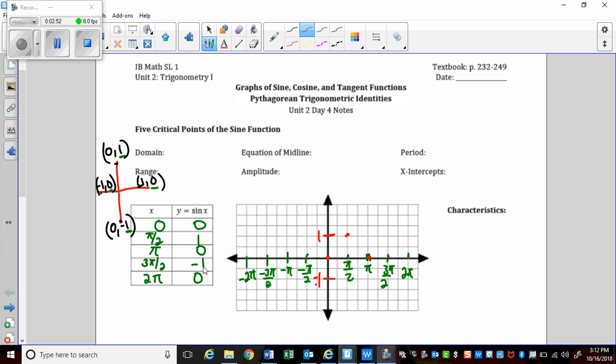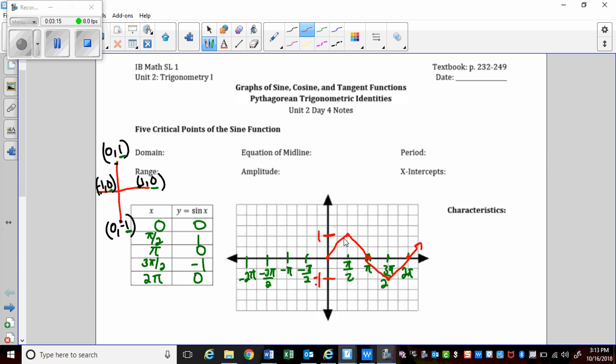At 3 pi over 2, it is at -1. And then at 2 pi, it goes back to 0. So sine's graph looks like this. Oops. And it's going to keep on going forever. It's just going to repeat. And then also this side, it's going to be symmetric.